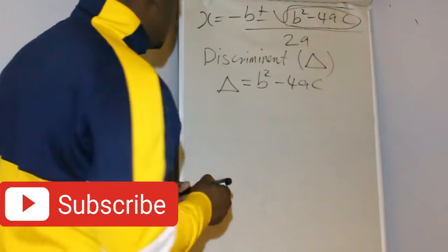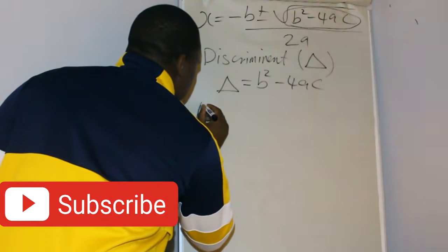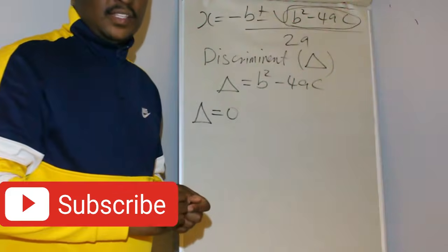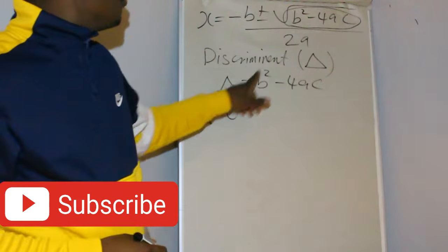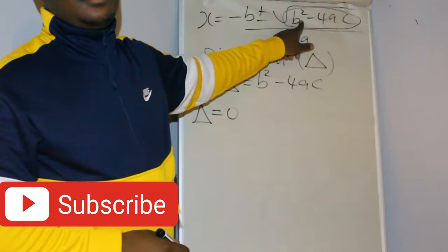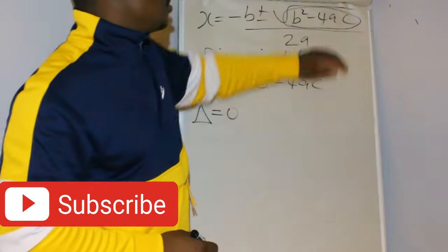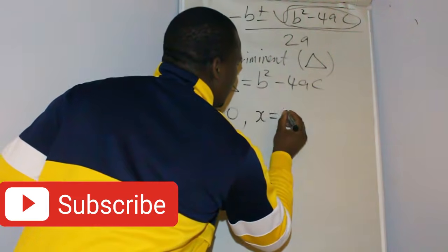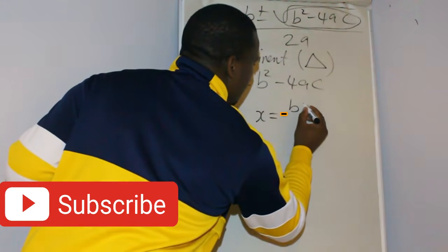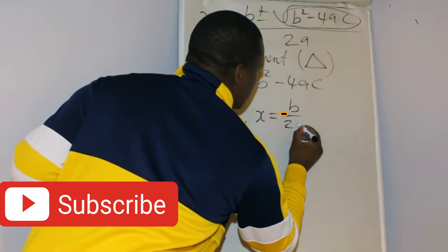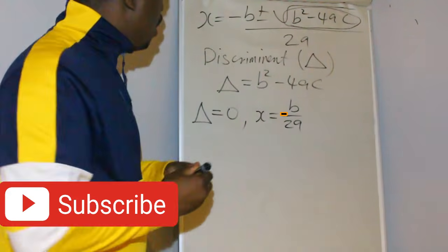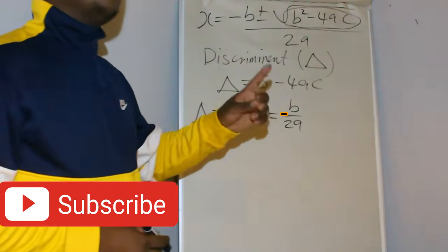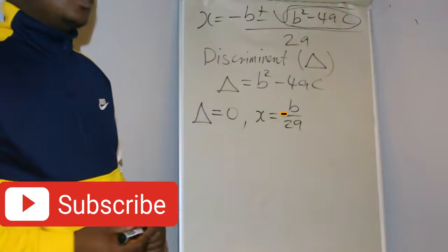If your discriminant is equal to 0, what happens? This part does not exist anymore. So your x will be equal to negative b over 2a. This will be your value of x, so you will have one solution.